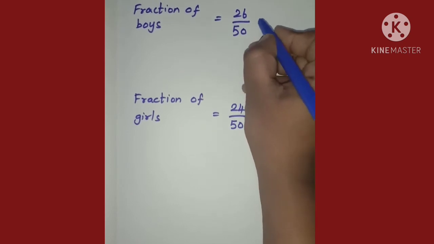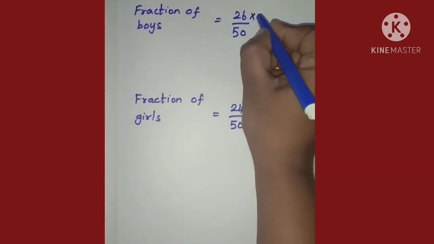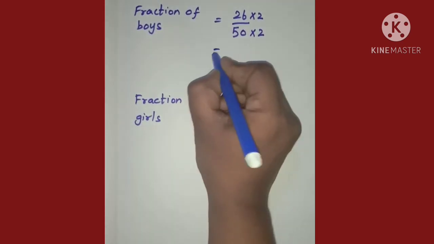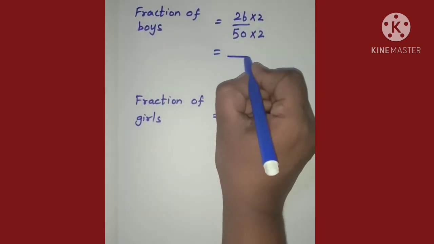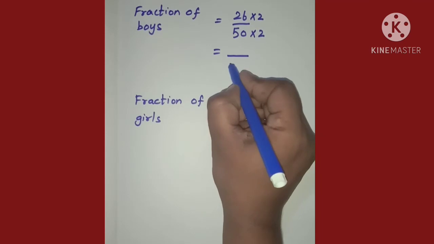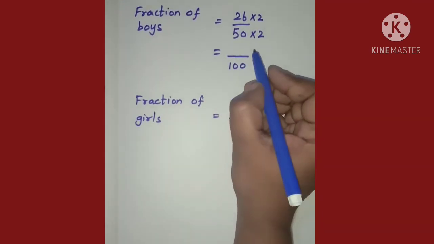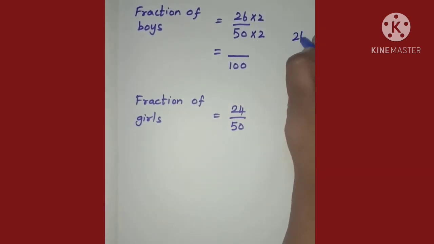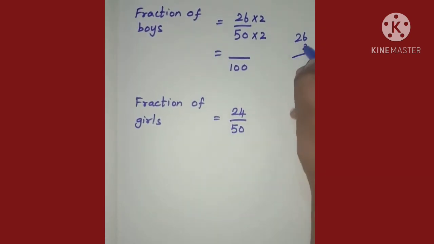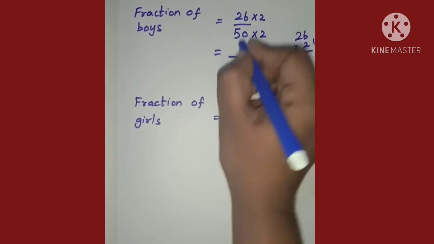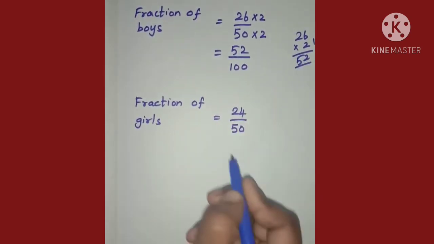Multiplying and dividing by 2, we get in the denominator 100 and in the numerator 26 into 2, which is 52.